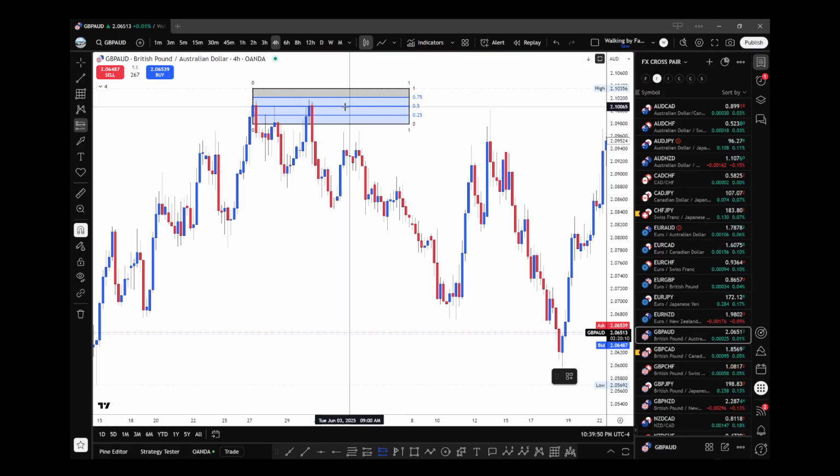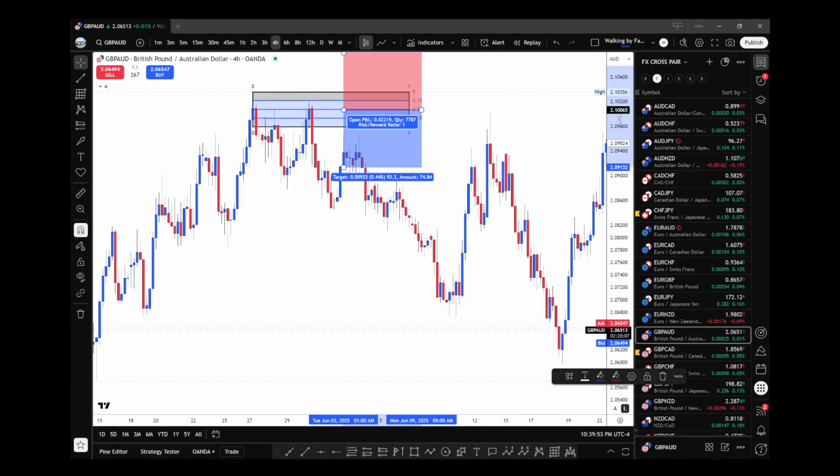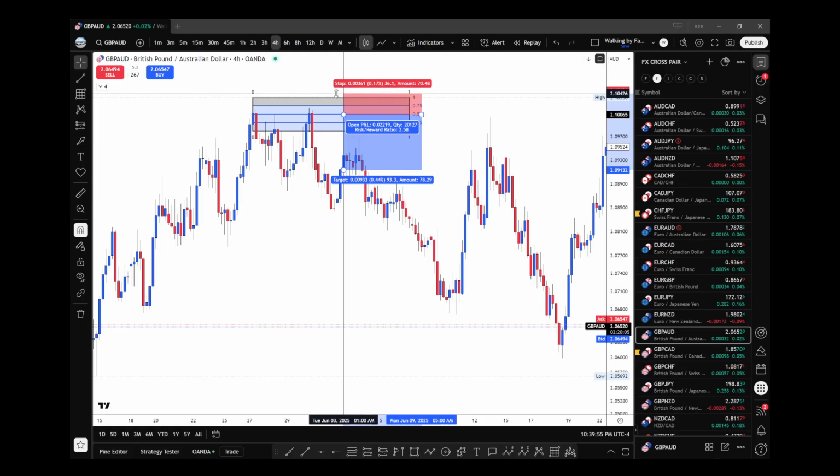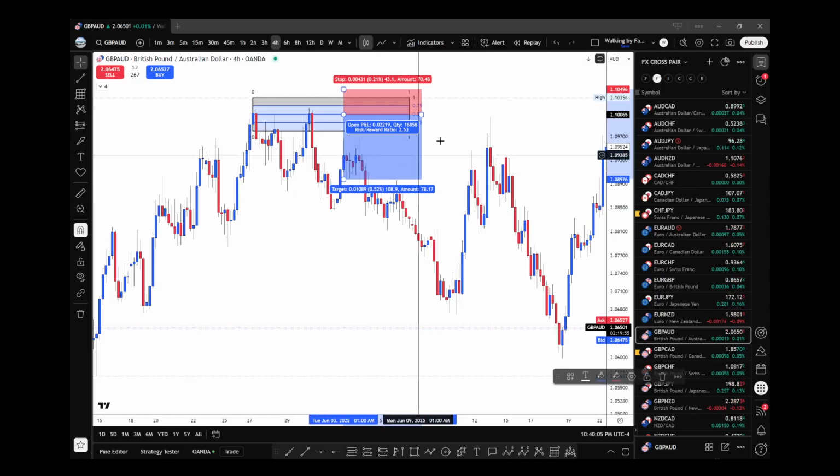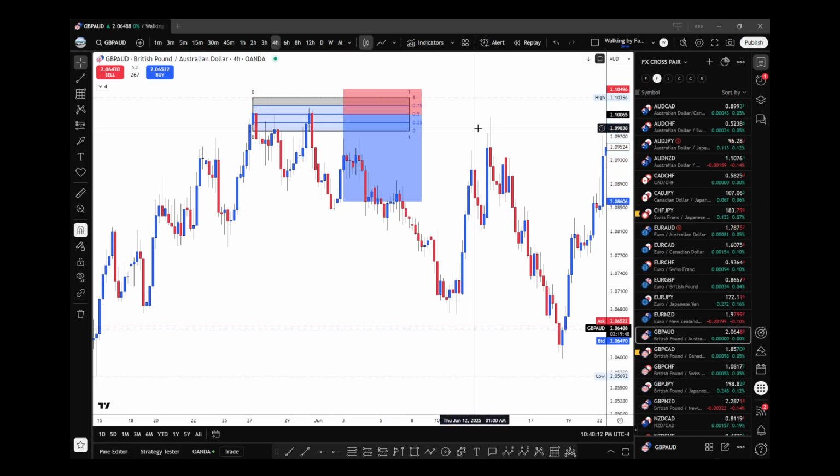Let's use 50%. And then stop loss above the high. I'm gonna put it above the 0. And then 3 to 1. Risk to reward of 3 to 1. Meaning again, we are risking 1% of our account to make 3 times that, right?